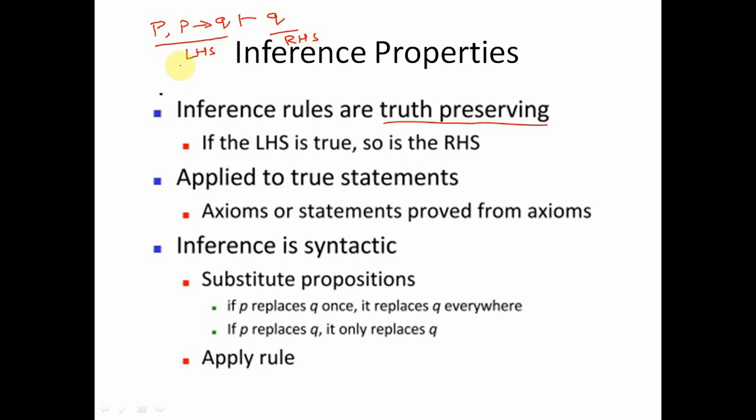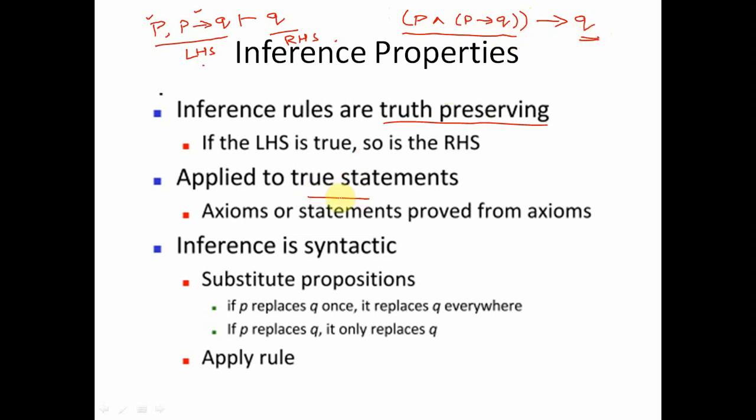We say if the left hand side is true, then the right hand side is also true. That means if this is true and this is true. Remember, the argument actually means P and P implies Q, the premise, implies Q. If this is true, then this is bound to be true.